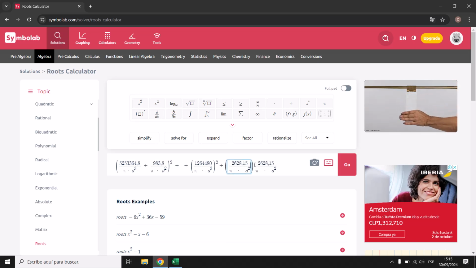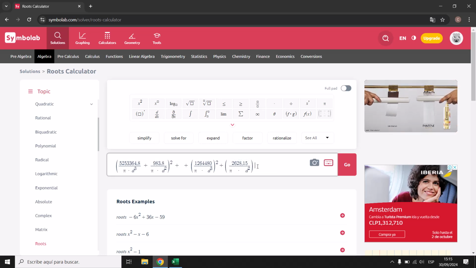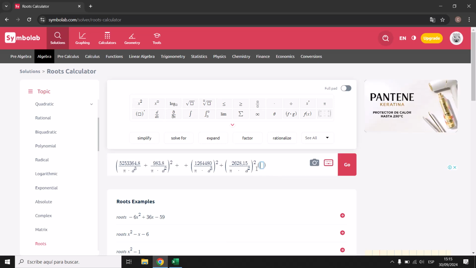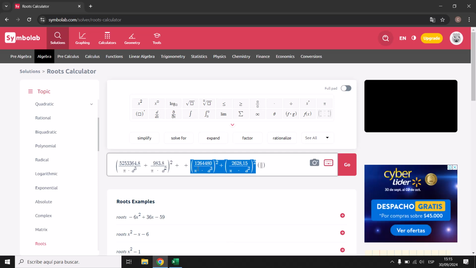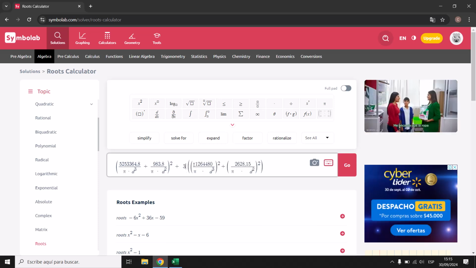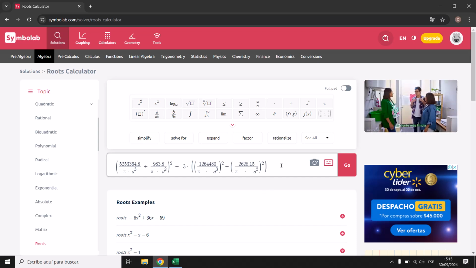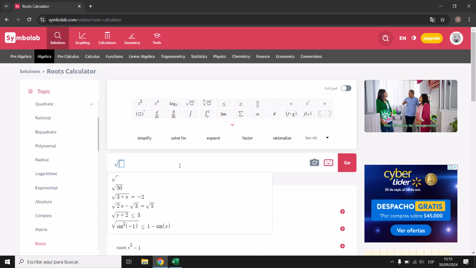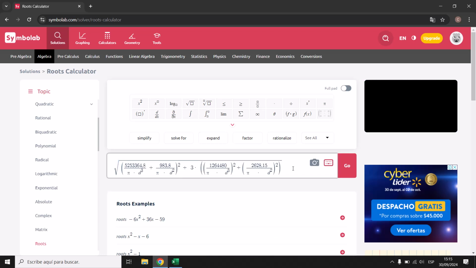Oh, okay, here. Now here we square this, and all of these you should multiply 3 times. Okay, and all of these should be put in a square root equal to 350.